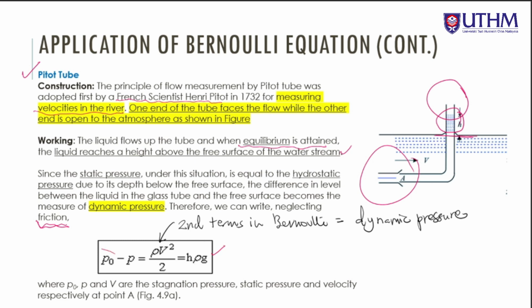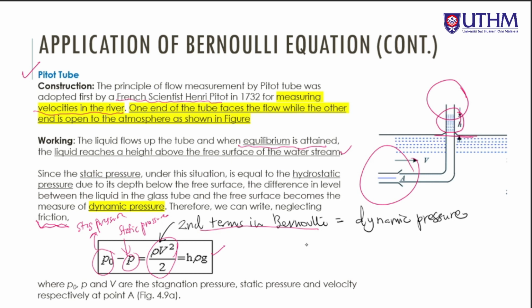Okay, where yang ni P naught adalah stagnation pressure. Okay, P adalah static pressure. Okay, and this rho V square over 2 actually adalah second term dalam Bernoulli equation. Ingat lagi tak Bernoulli equation?